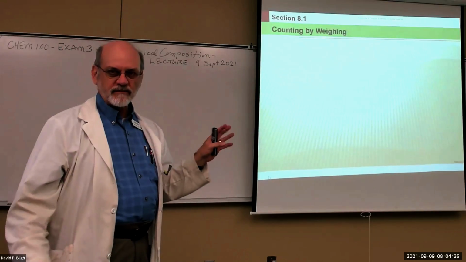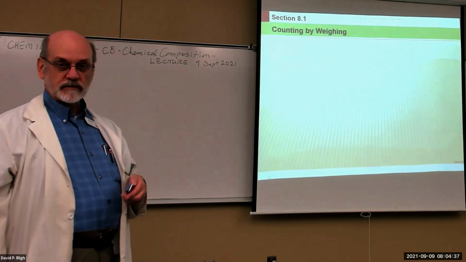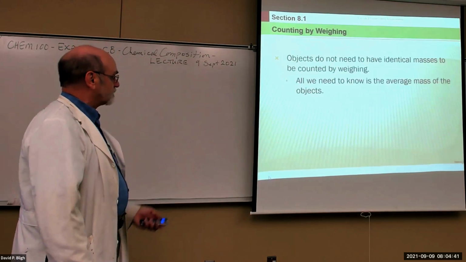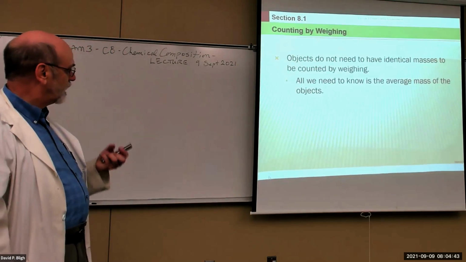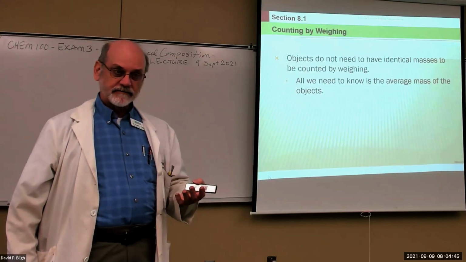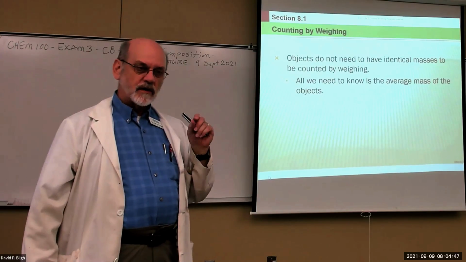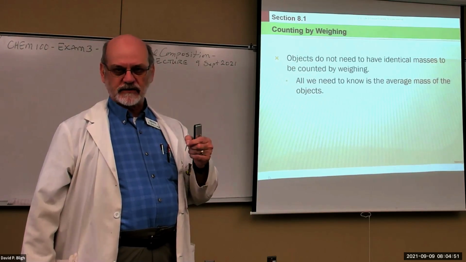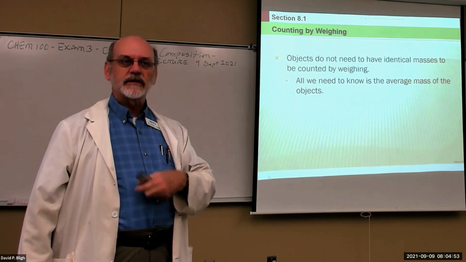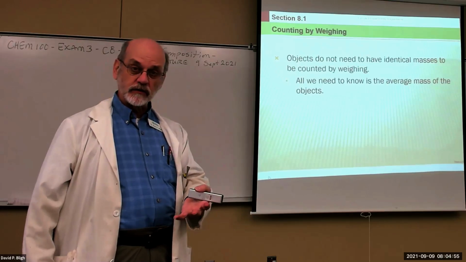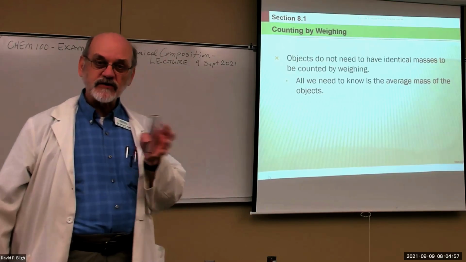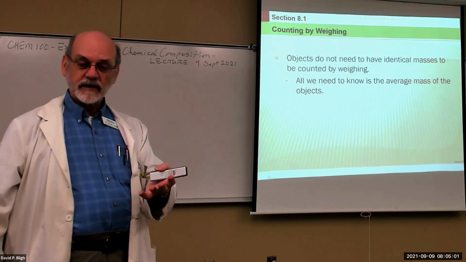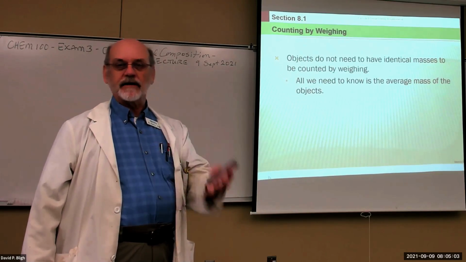So this is one of the methods that we use to count objects that are that small. In order to do that, we need to know the average mass of individual objects, in our case, atoms, ions, molecules. What's the average mass of each one so that if we weigh them, we can determine how many of them there are.